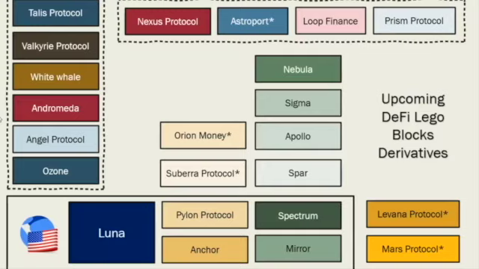So they will have a new standard called ADO, but this is still very much in the early stage of the project. And Angel Protocol is a charity organization, charity dApp. So they just allow you to deposit UST, then you can choose where you want to donate your money to. Yeah, so this is a brief overview of all the upcoming dApps that are coming on Luna.